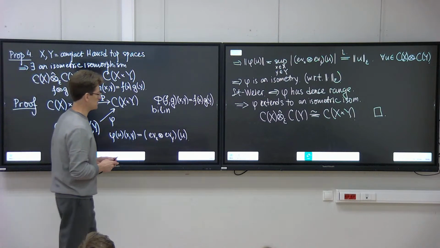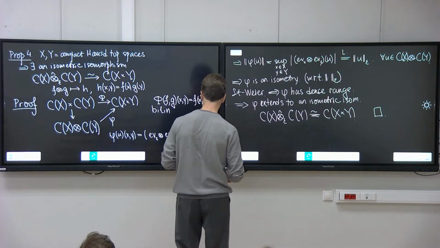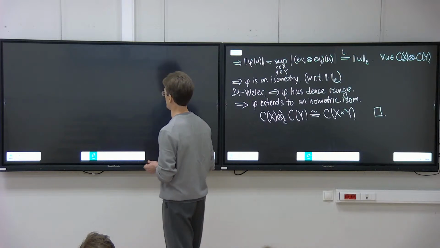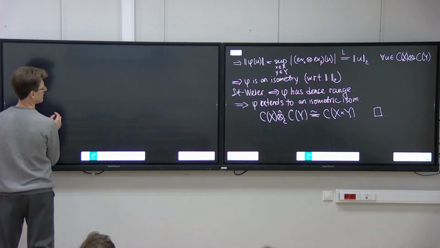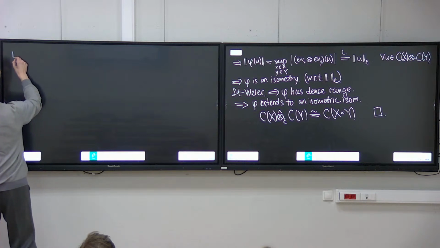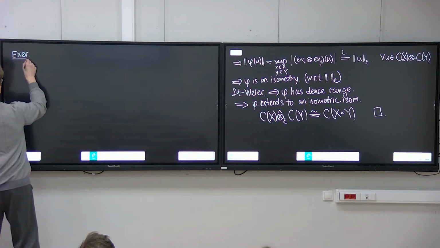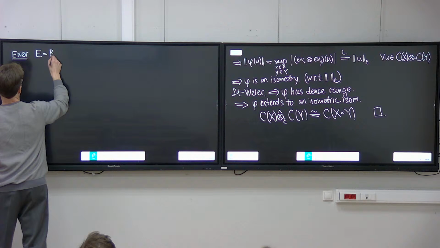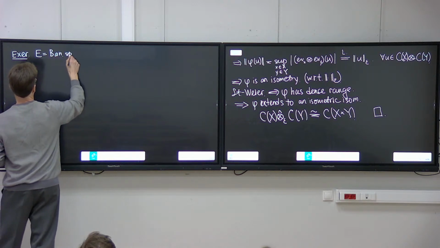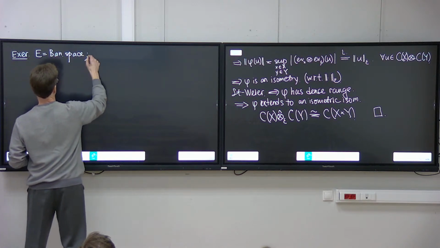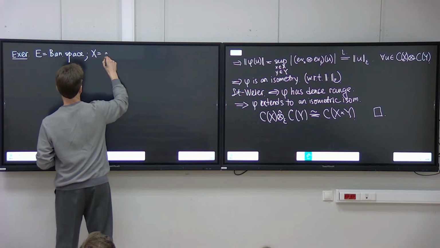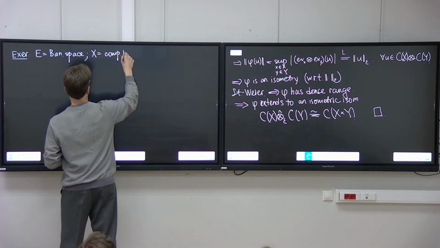This result can also be generalized in several ways. For example, here is an exercise for you. Suppose that E is a Banach space, and as before, X is a compact Hausdorff topological space.